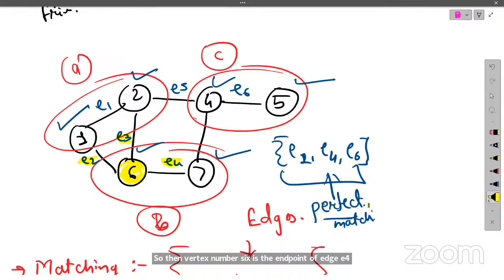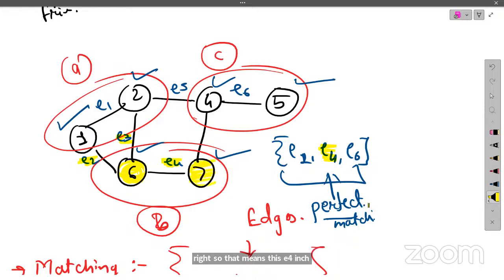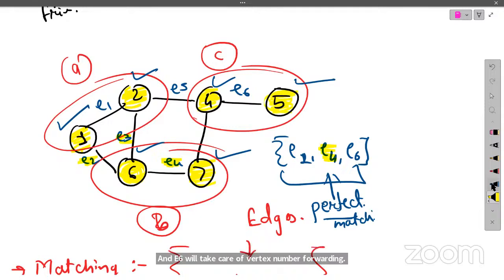Among these three edges, I have E4 in my perfect match, so E4 will cover vertex 6 and vertex 7, both vertices. Similarly, edge E1 will cover vertex 1 and vertex 2, and E6 will take care of vertices 4 and 5. If we have such a mapping, then it is a perfect match.